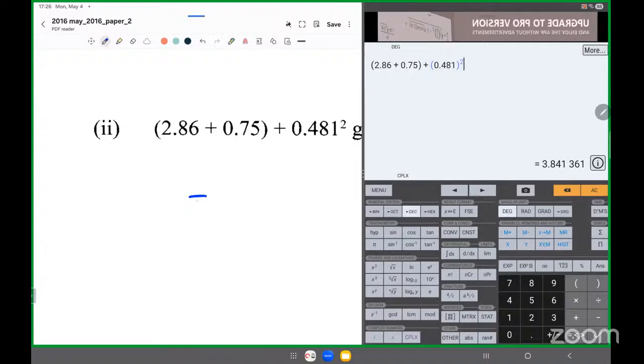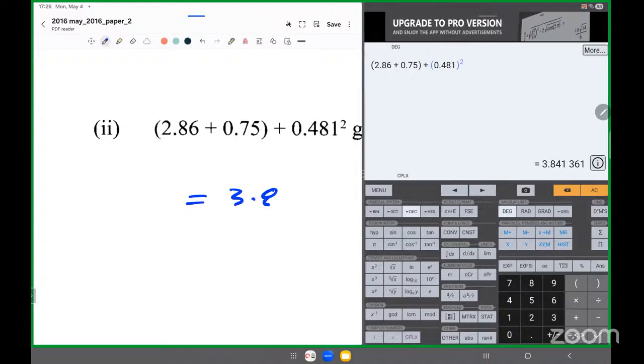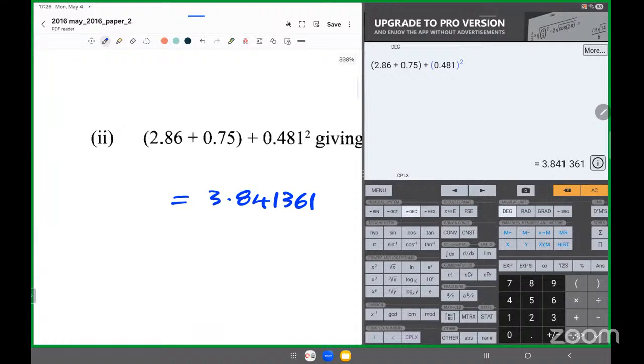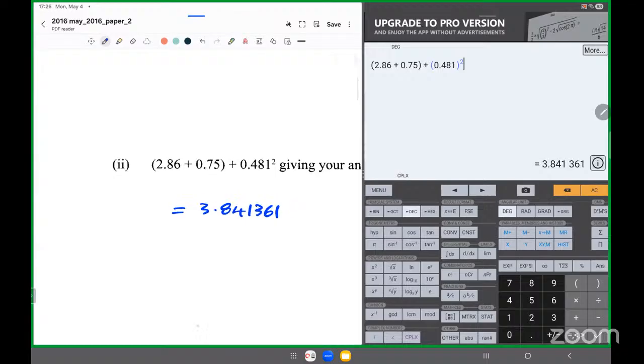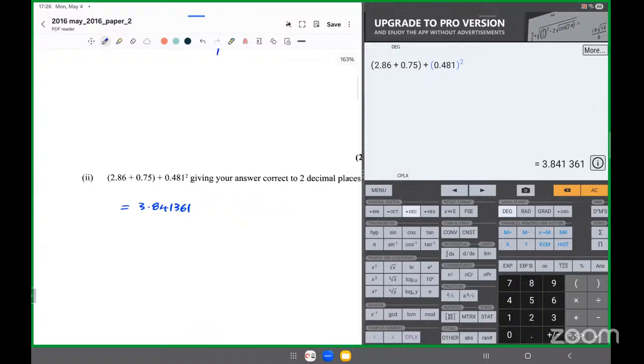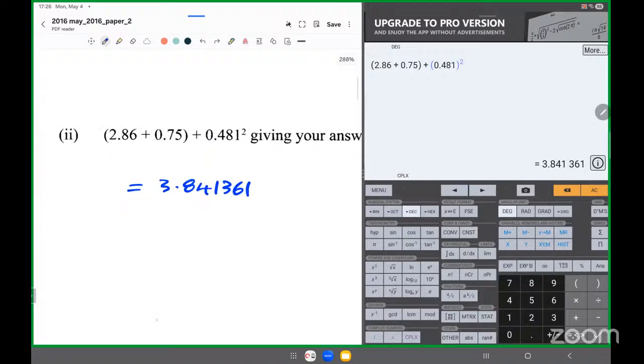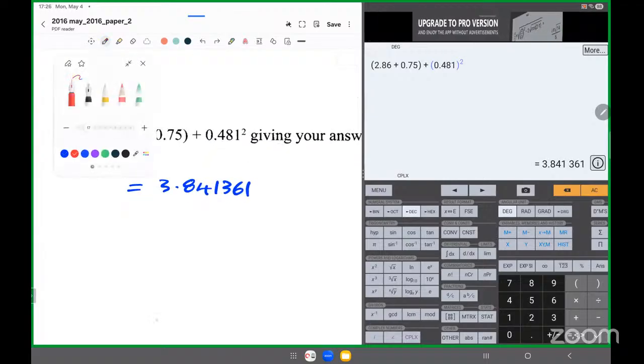I'm getting initially 3.841361. It terminates with an exact value, but that's all addition. But I want us to correct to 2 decimal places. So these are the 2 decimal places that we are correcting.